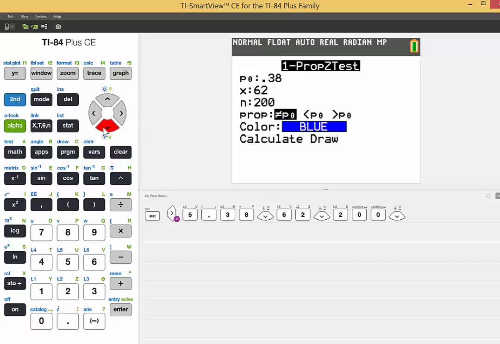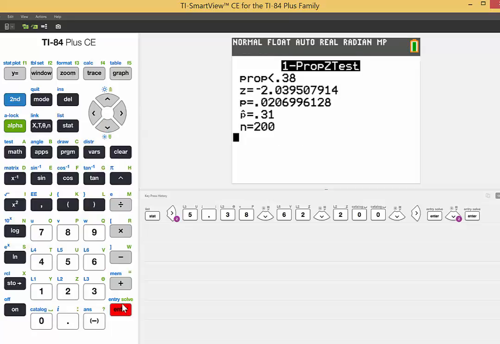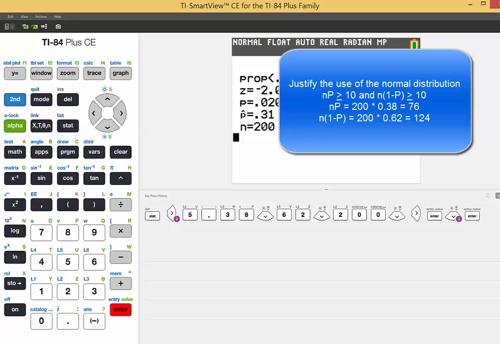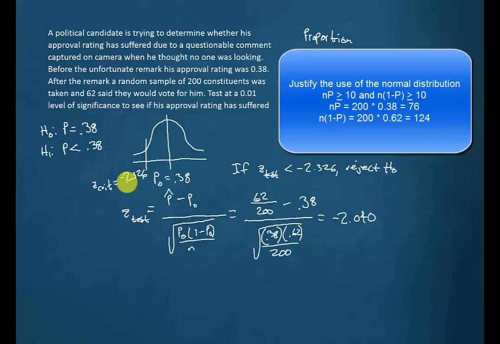Make sure that we get the direction of the alternative hypothesis inequality correct so that the p-value that it gives us will be correct. And then come down and hit calculate. And we see that our z-value is minus 2.040 if we round to 3 decimal places. And our p-value is 0.0207.